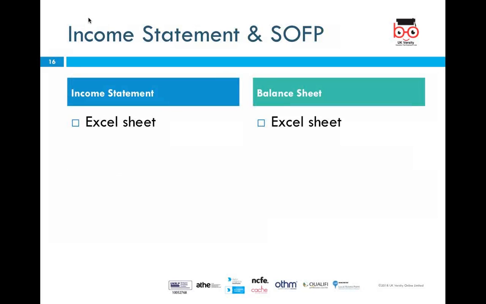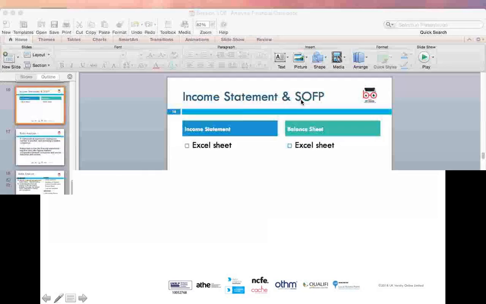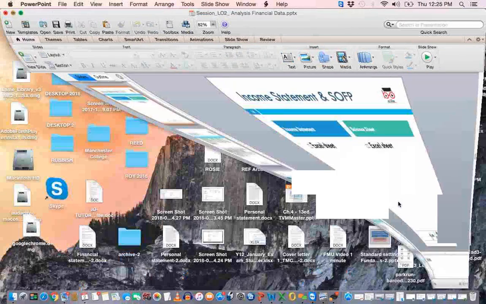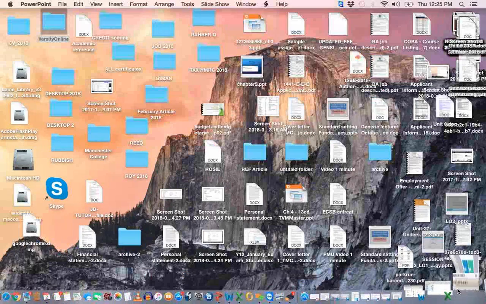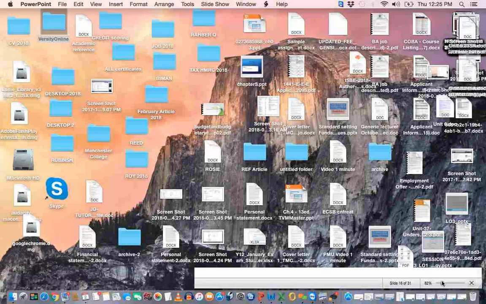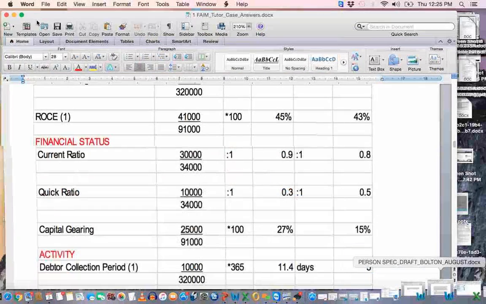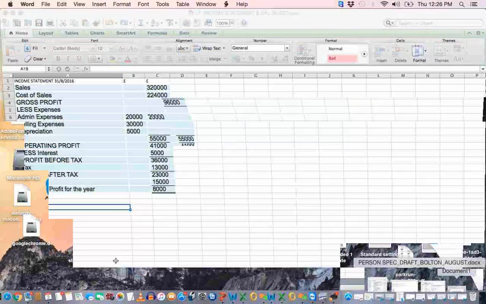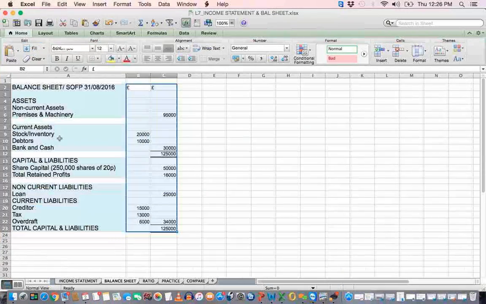Now, we will go on to ratio analysis. Before we go to the ratio analysis, we need to see the balance sheet, what kind of balance sheets are provided by our business, and what it looks like. Sorry, the Excel sheet.